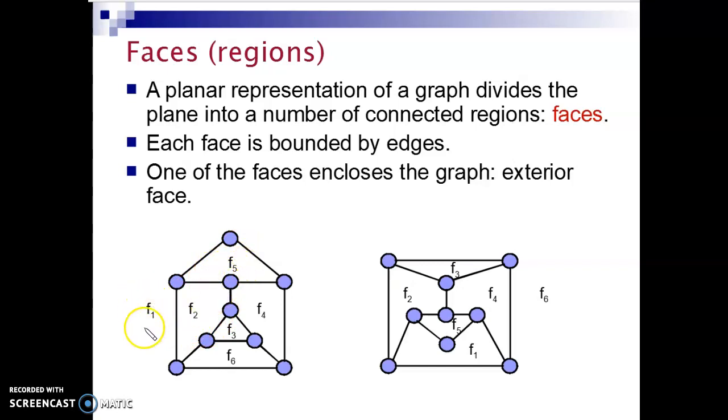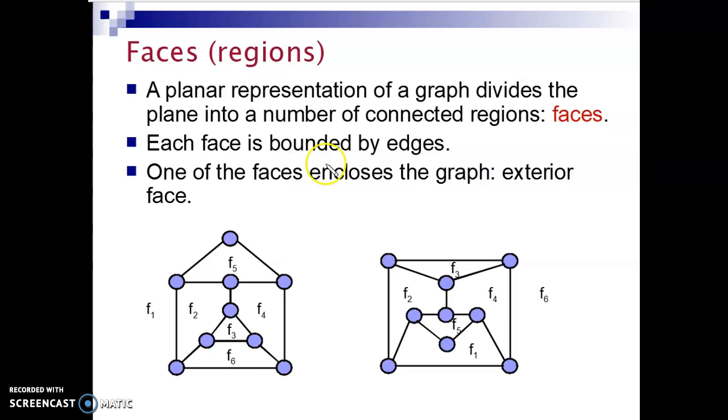So here's F1, here's F2. Each of these are different faces of a planar graph. You can see that F1 is a little bit different because it actually covers the outer area. It seems like it's not bounded like the other ones, but actually F1 is also bounded with the outer edges of the graph.